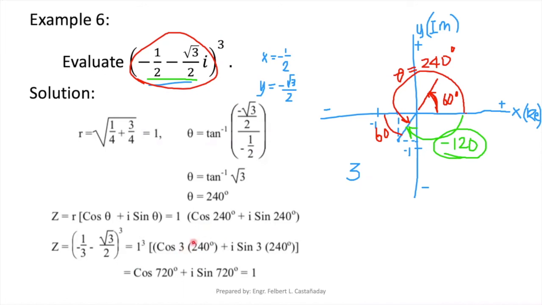So 3 times theta, in this case, gives cosine 720, and cosine 720 is positive 1. Sine of 3 times 240 is sine of 720, and sine of 720 is 0. That's why we have a real number equal to 1. That's all.